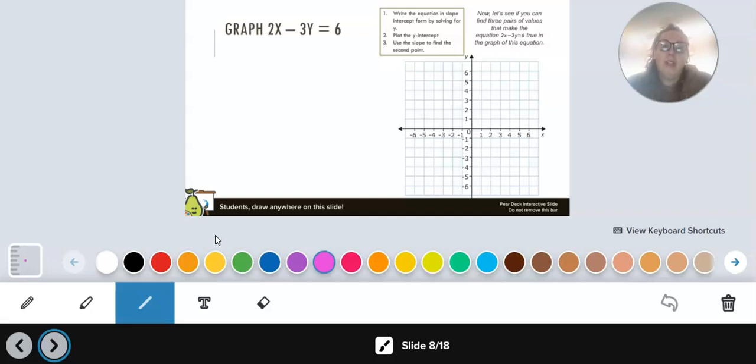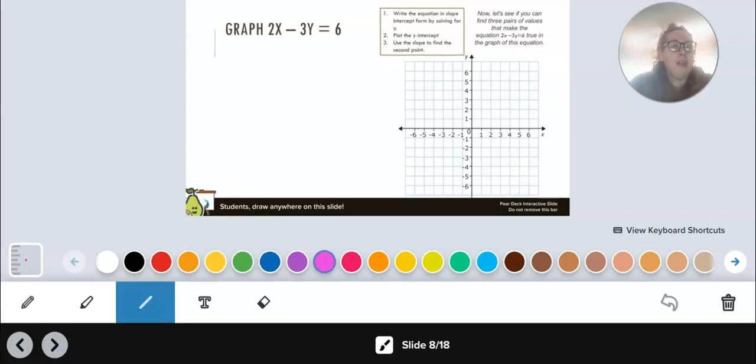Sometimes we will get an equation like we see here where it's not in slope-intercept form. So remember, to be in slope-intercept form, it's y equals mx plus b, right? So y has to be alone on the left side of the equation.